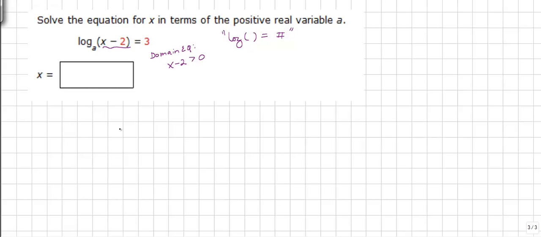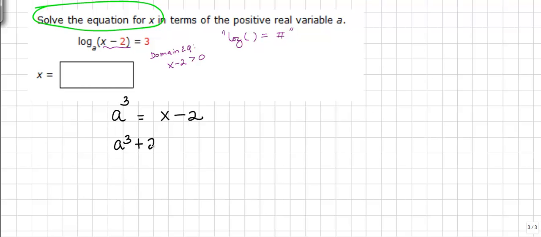And I do have already a single logarithm equals a number, so the base a cubed must be the quantity x minus 2. And you're told to solve for, read it again, x. And in solving for x, we can write it in terms of the quantity a.